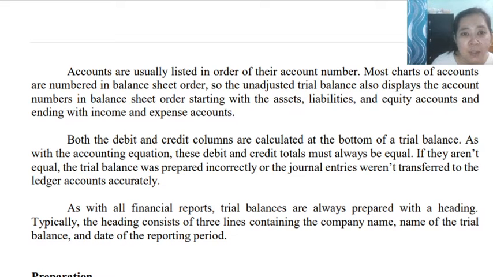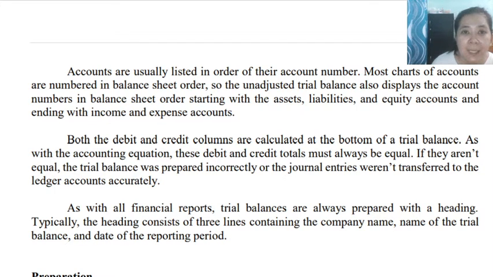Most charts of accounts are normally numbered in balance sheet order. So the unadjusted trial balance will also reflect those account numbers, or depending on what the entity is using in the preparation of their worksheet.